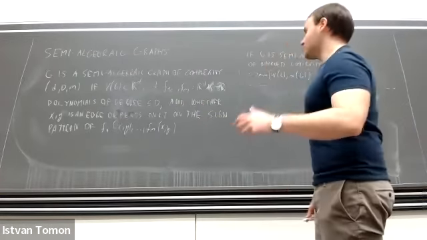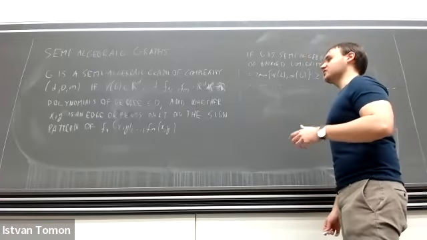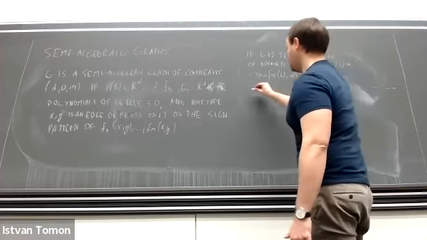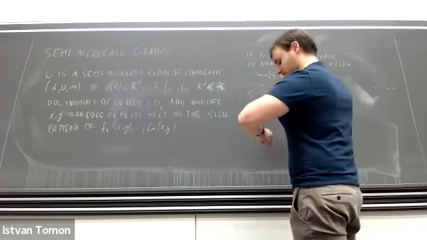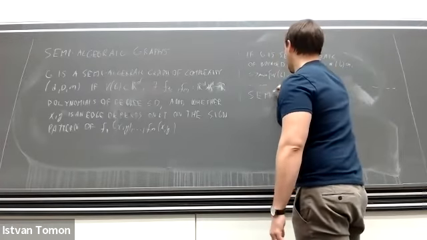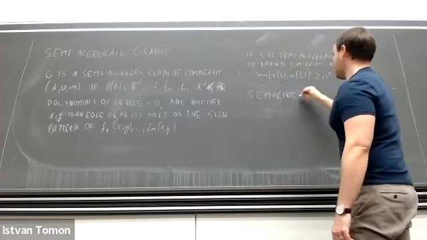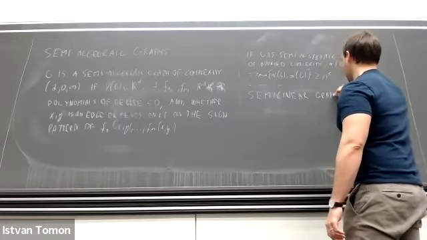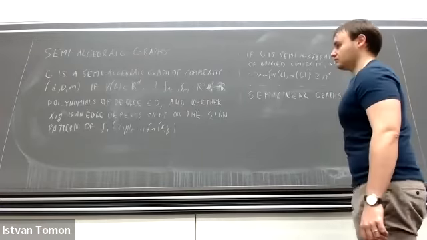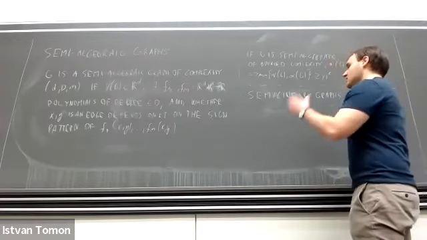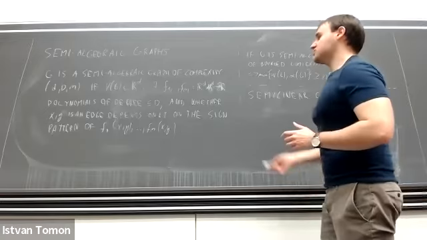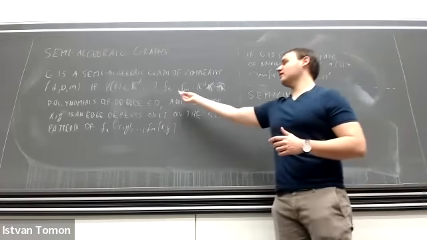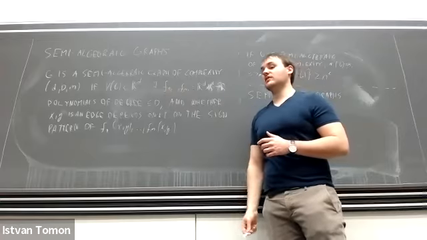But one can ask whether we can restrict this family, or find some interesting subfamily which does have this property. One such family, which I'm going to talk about today, is the family of semilinear graphs. Semilinear graphs are defined almost the same way as semi-algebraic graphs, with the additional condition that I want all my polynomials to be linear functions.